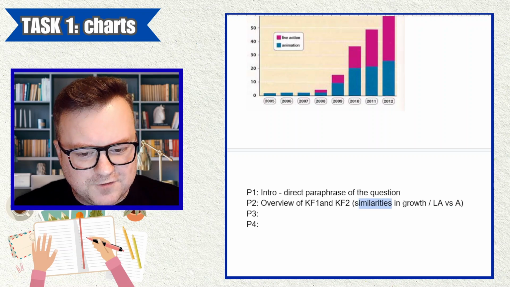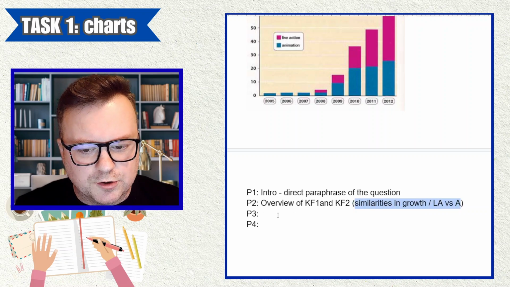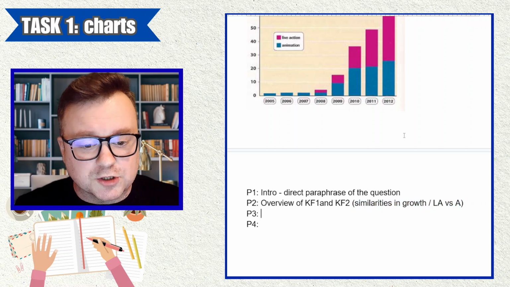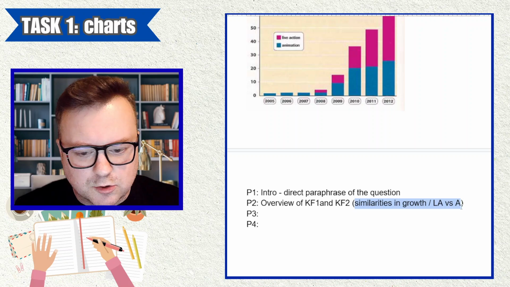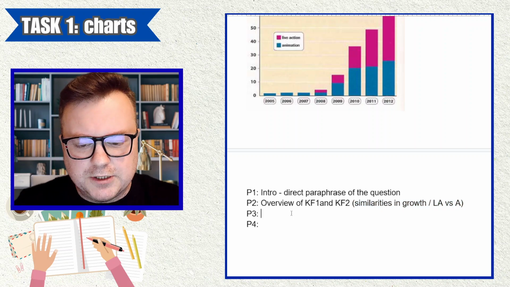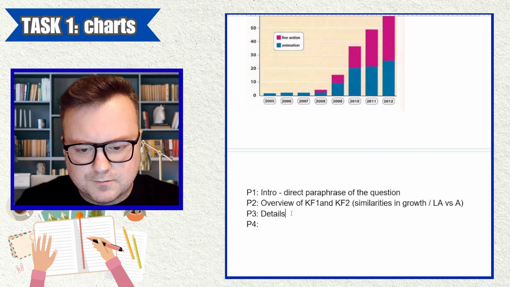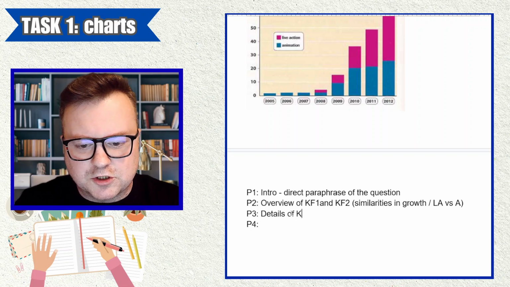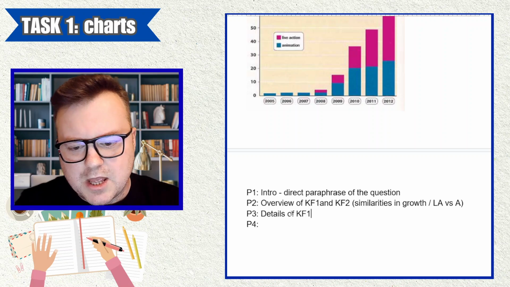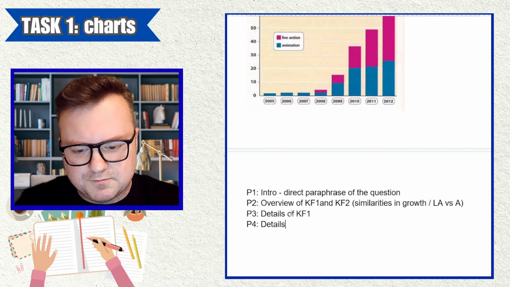Those are my 2 key features. And I'm going to give an overview in very simple words of what the charts represent about those 2 things. Cool. Paragraph 3 is going to be details of key feature 1. And amazingly, paragraph 4 is going to be details of key feature 2.